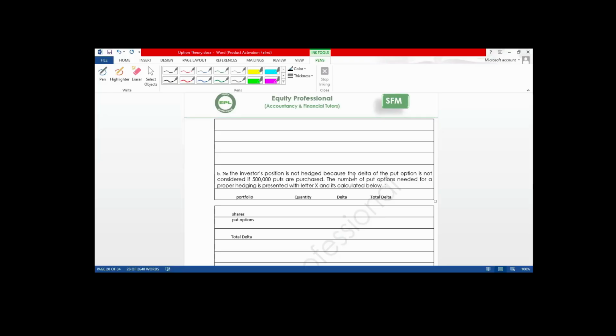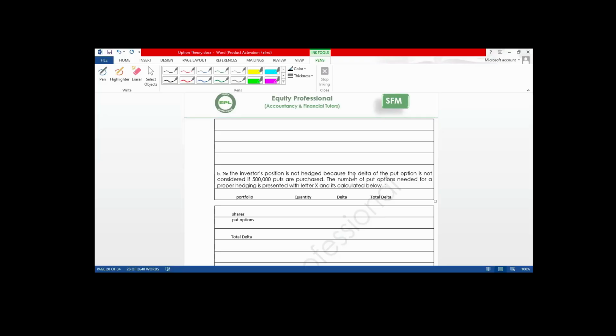The investor cannot just assume that because I have 500,000 shares, I'm going to hedge by buying 500,000 put options. Before you can talk of hedging, you must introduce delta. So the investor's position is not hedged because the delta has not been considered.